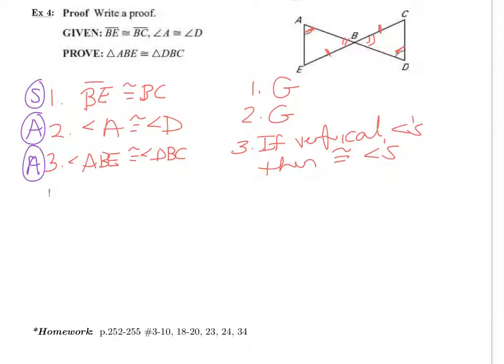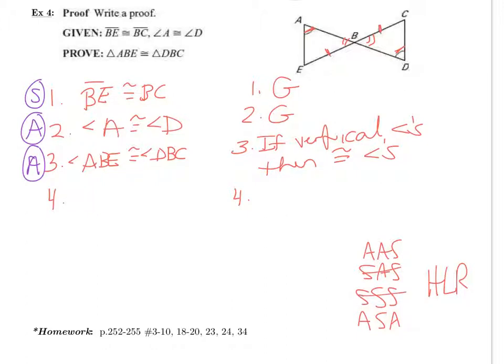So number 4, I have 3 things here, and my choices are angle, angle, side; side, angle, side; side, side, side; angle, side, angle; and then HL. Those are my 5 choices to prove triangles congruent. And so this one's out because I have 2 angles, that one's out because I have 2 angles, and that one's out because I don't have a right angle.